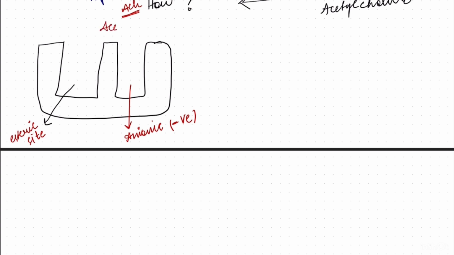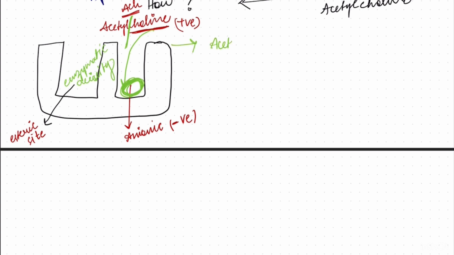In acetylcholine, choline is positively charged, so it is going to bind with the anionic site. The ester site has enzymatic activity, so it breaks the acetylcholine bond.